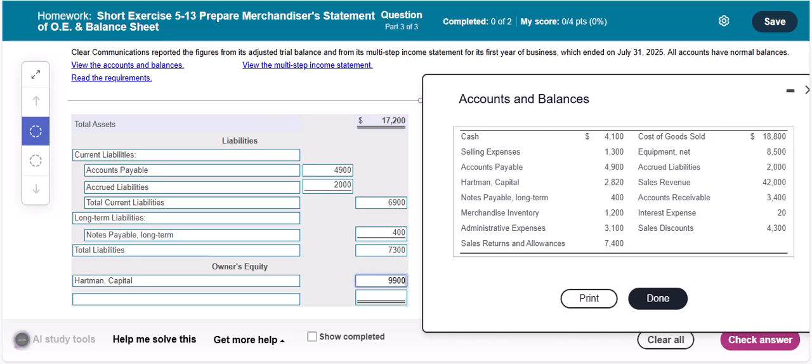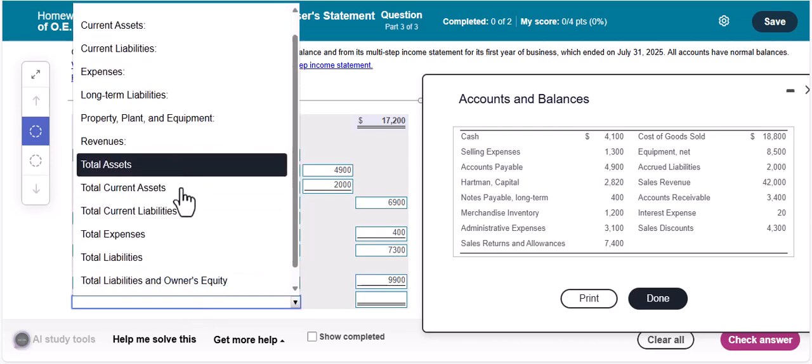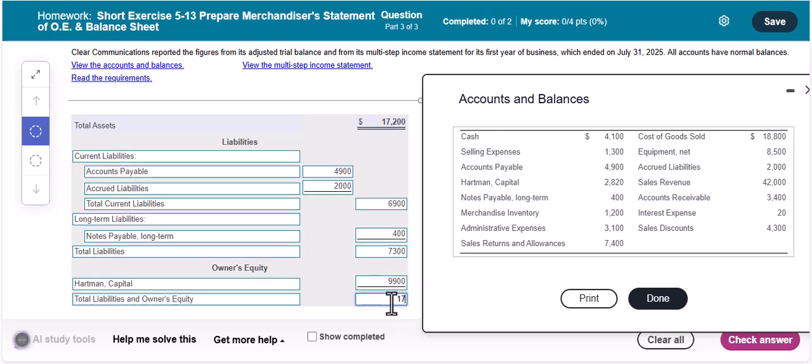And then following our formula, we're going to take our total liabilities and add that to owner's equity. That is total liabilities and owner's equity. So that is 7,300 total liabilities plus that 9,900 ending capital for 17,200. And now before you hit the check answer or submit button, does our balance sheet equation balance?